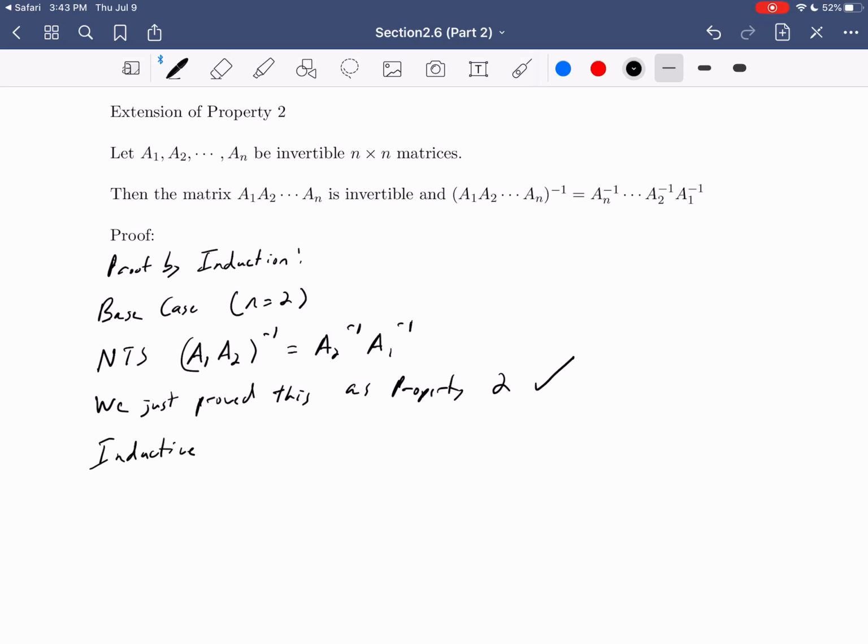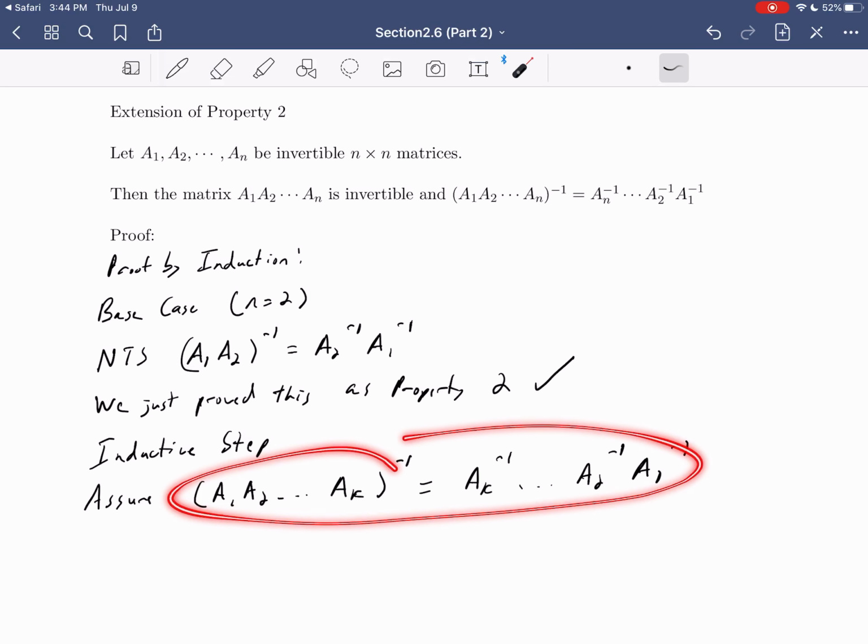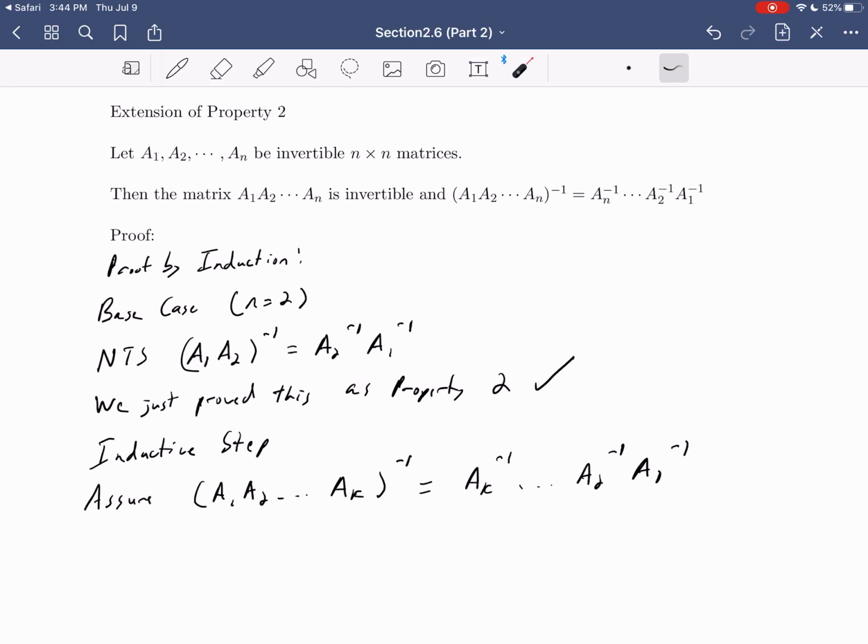So our inductive step, we're going to assume that (A1 A2 ... Ak) inverse is Ak inverse, ... A2 inverse, A1 inverse. So we're going to assume that it holds for k matrices.